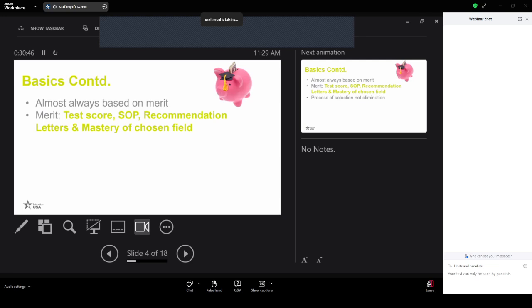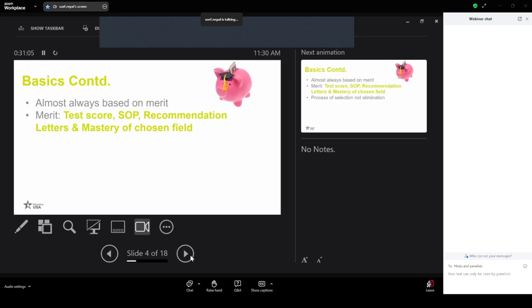So whatever you've done so far, you want to try to show that in the application. If you've not done anything at all, in that case, you might want to start and try to do something in your field. That way, it's going to help you and it is going to boost your application.